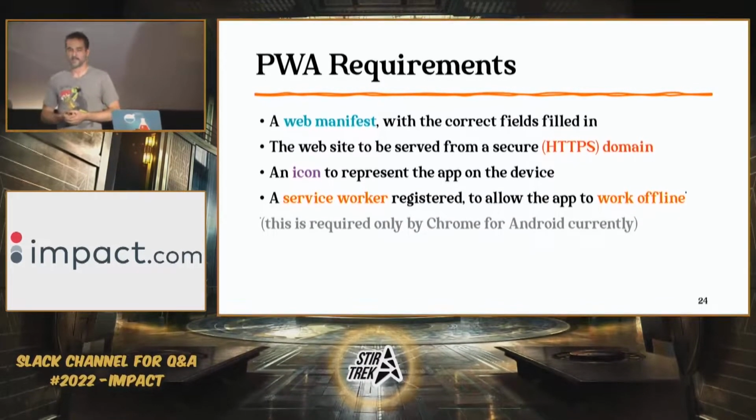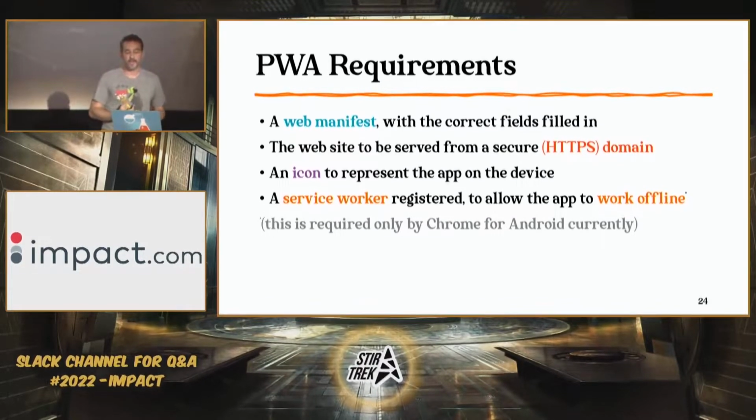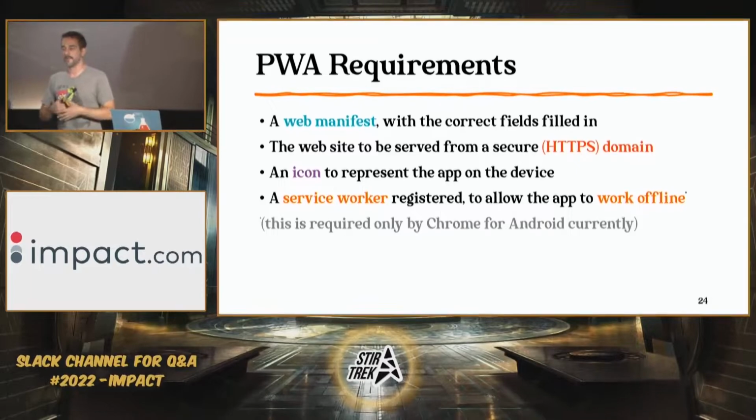Those have to be present in the application. And then we have to have a service worker registered for the app to work offline. Now, this is a requirement by Chrome on Android right now. At the very basics, you could use a service worker that tells your app that it doesn't really have an offline mode and handle that gracefully when the app goes offline, and that is sufficient to meet that requirement.